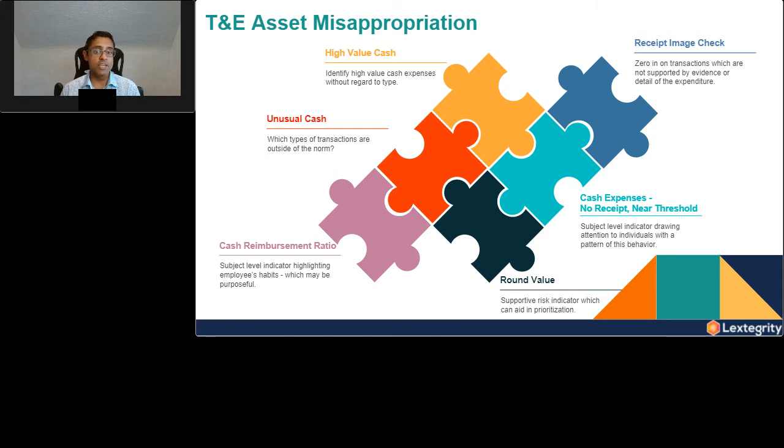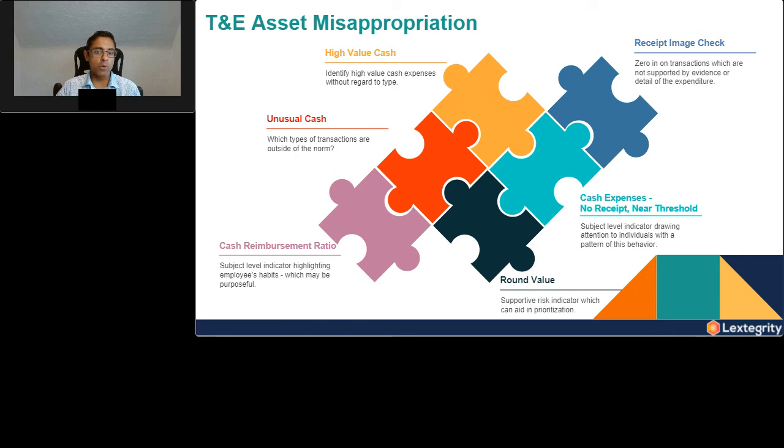Then use of cash near the receipt threshold. So someone is frequently submitting expenses that are right under the $50 receipt threshold at $49, $48. This one's also looking at it from a frequency perspective over a period of time. And you could also layer on checking whether there's a receipt image. So there's more you can add.